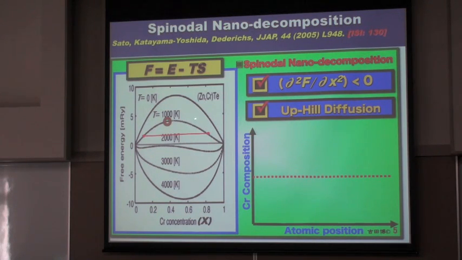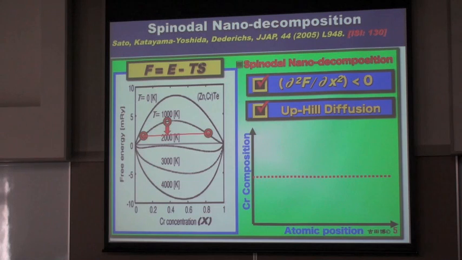So in this region, if you dope at very high concentration, with a little fluctuation of the concentration, you can see the low concentration region becomes lower and the high concentration region becomes higher, because this lowers the free energy. So in this region, where the second derivative of the free energy is negative, we call it the spinodal region.